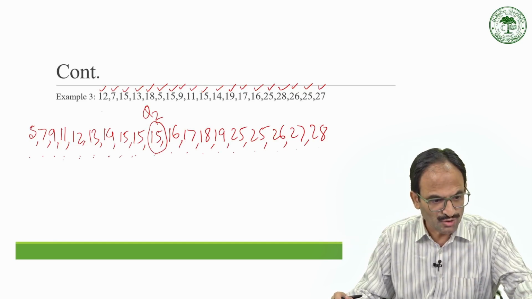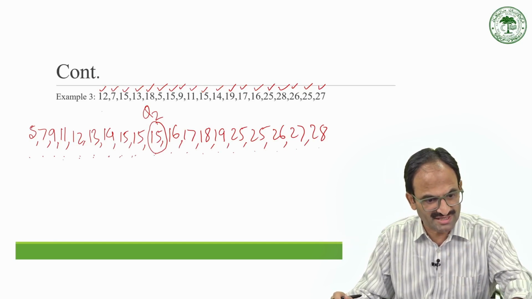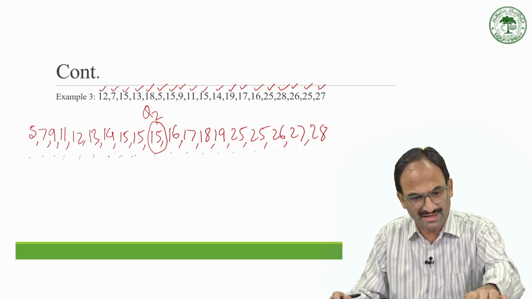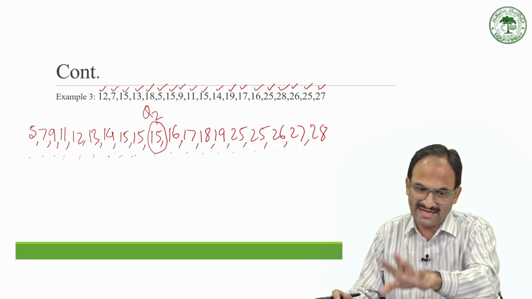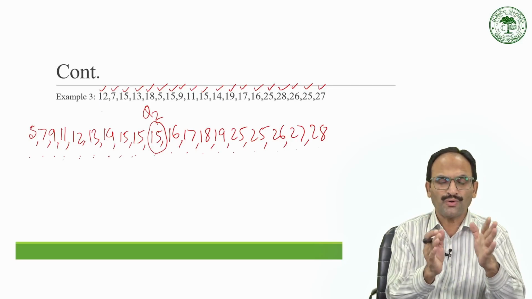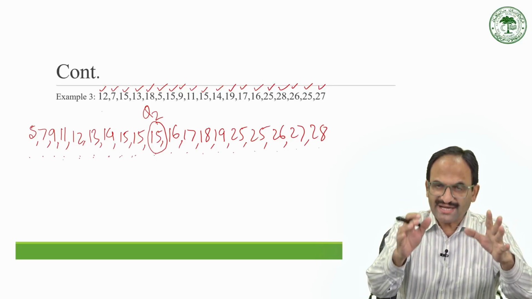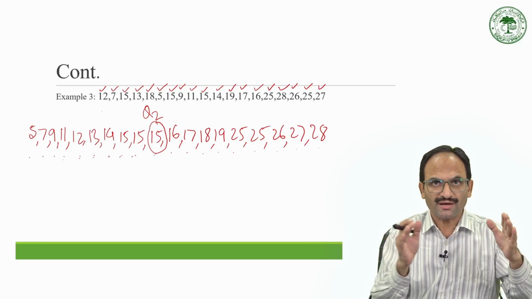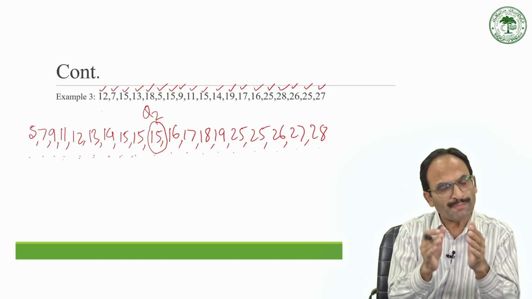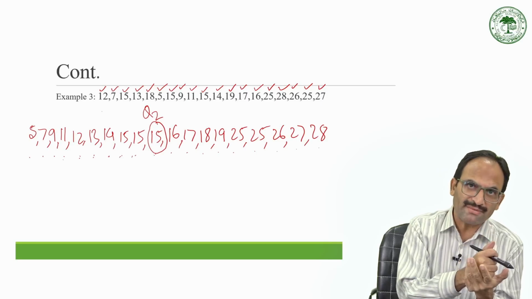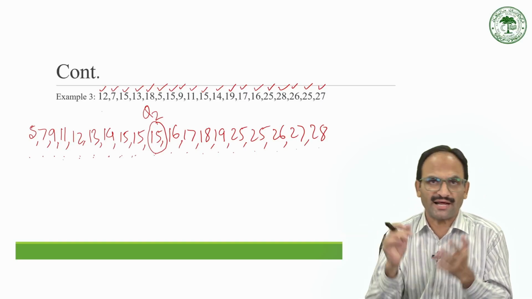So 1, 2, 3, 4, 5, 6, 7, 8, 9. Similarly, 1, 2, 3, 4, 5, 6, 7, 8, 9. So now your median has divided the whole data into two parts, lower part and upper part. In the lower part, there are 9 numbers. In the upper part, there are 9 numbers.